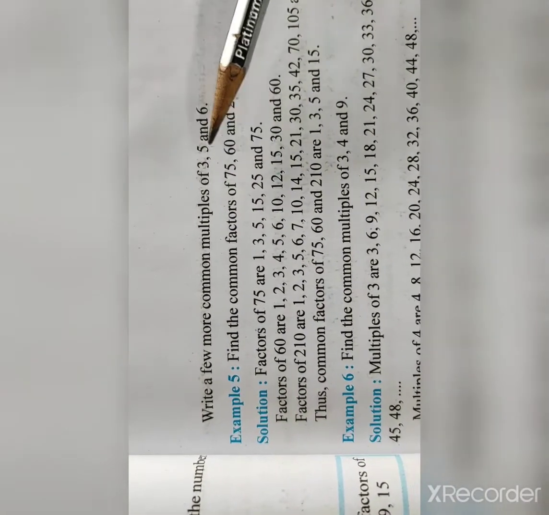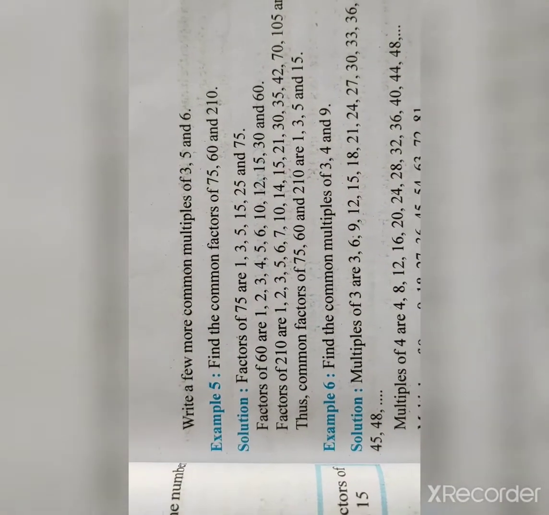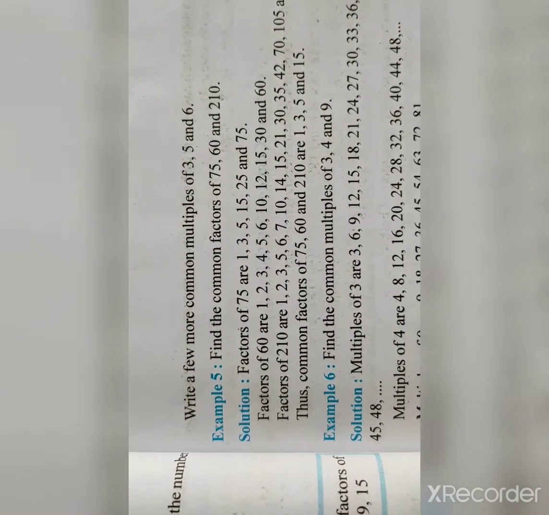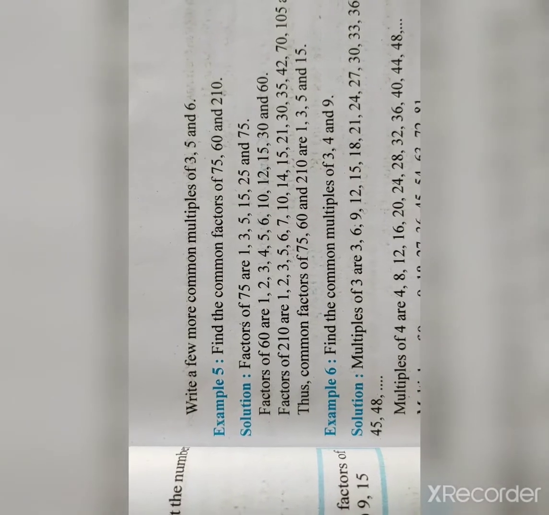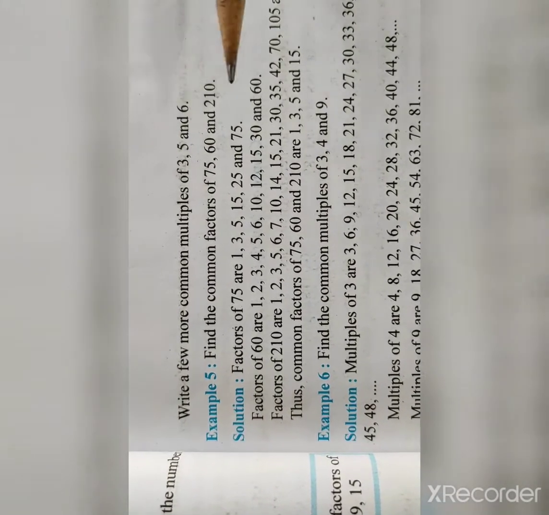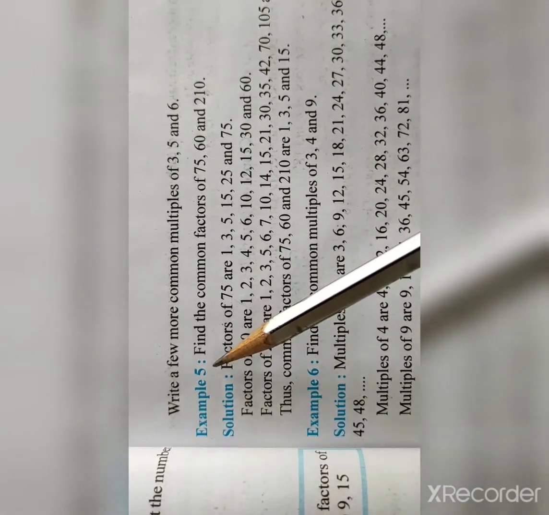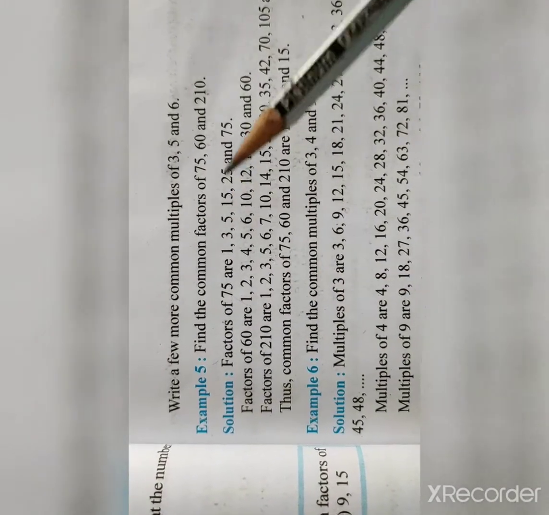In this way you will get uncountable common multiples. Now here it is written, write a few more common multiples of 3, 5 and 6. When you form so many multiples, you will get the next multiples also. Now example 5 and 6 you will do yourself.